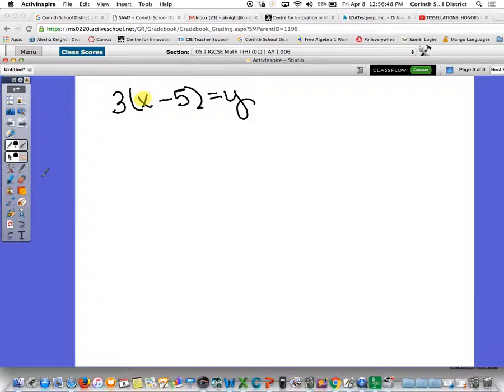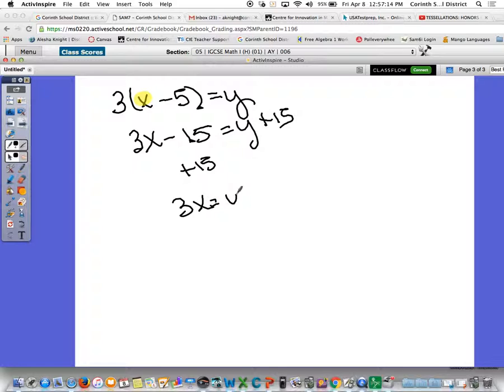Who can tell me what they think I would do first here? Xander? 3x minus 15. Okay, very good. Audrey, is that what you were going to say? Distribute. 3x minus 15 equals y, and once I do that, what will I do? Plus 15. So 3x equals y plus 15. Divide by 3. There you go.